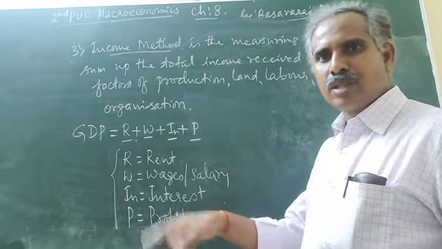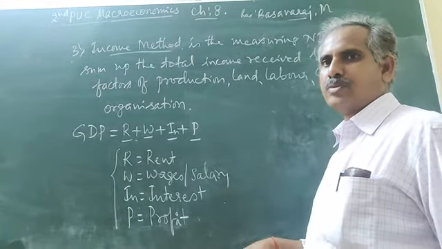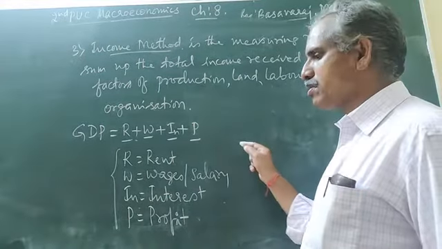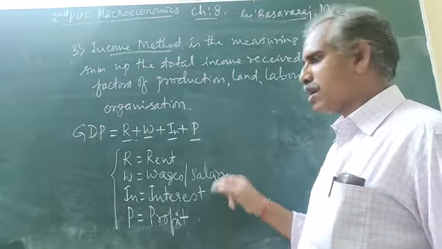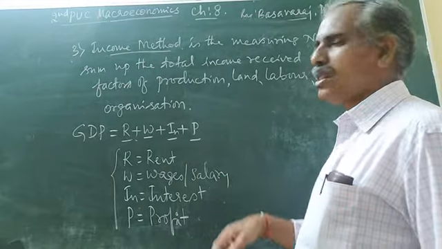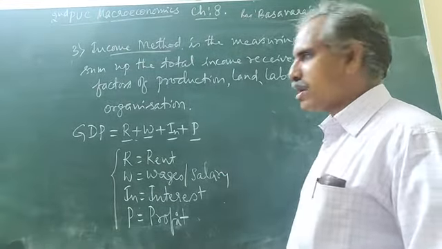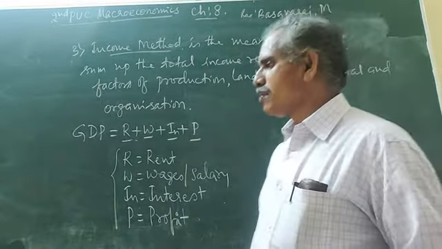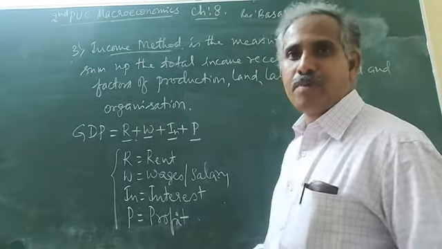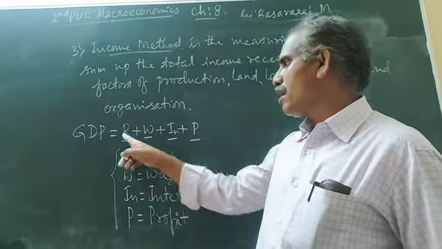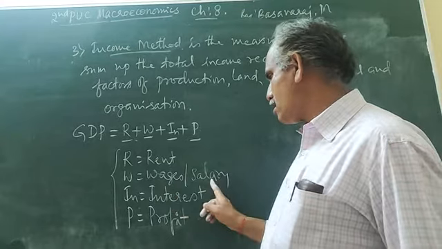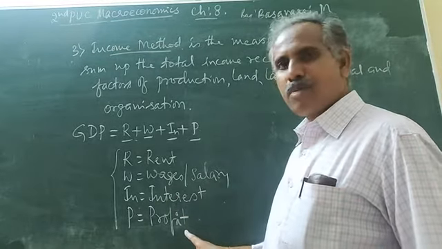It's nothing but income for the household sector. That income can be calculated by the National Accounting Committee. This is how the national income can be calculated by adding up the rent, wages or salaries, interest and profit.